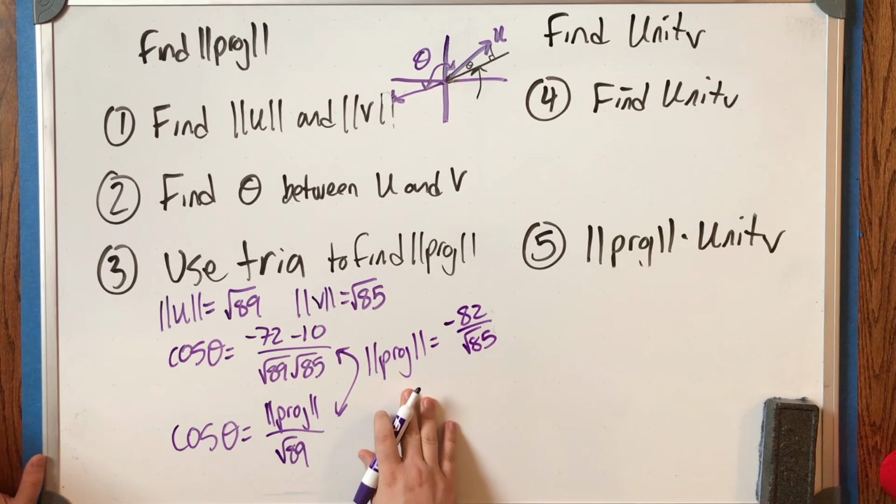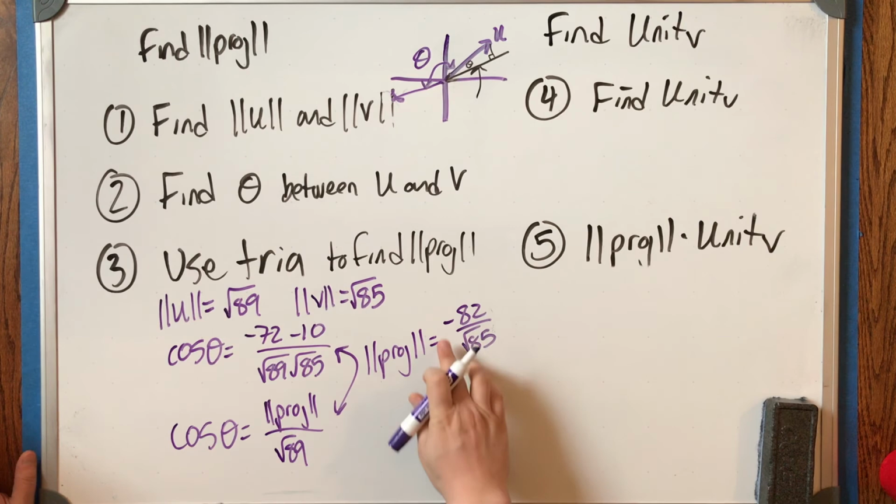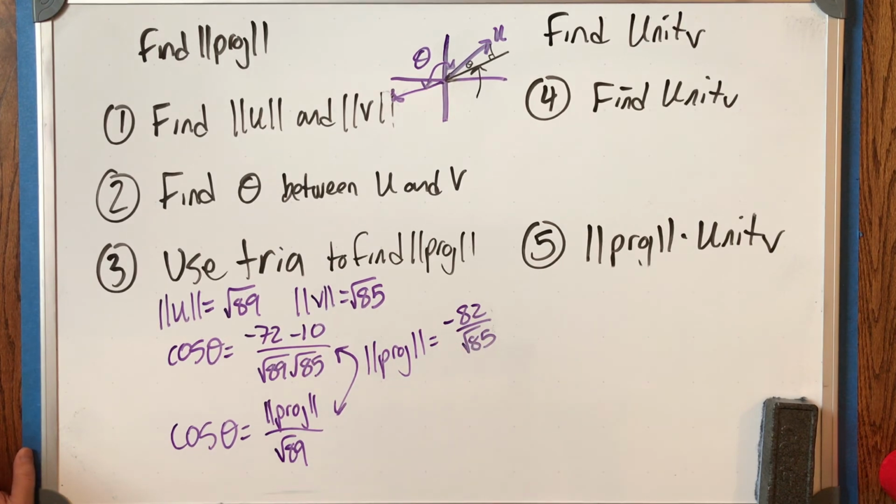So that's weird. We got a magnitude that is negative, and so far we haven't had that with vectors. It kind of doesn't work. Magnitudes aren't supposed to be negative, they're supposed to be positive.